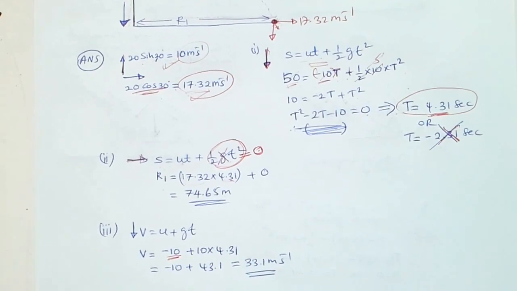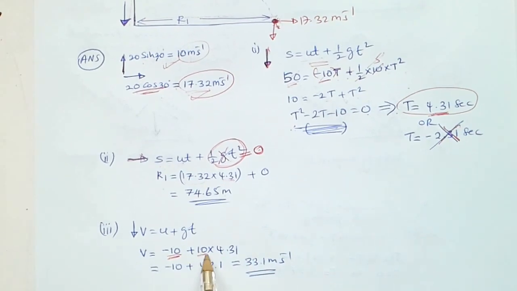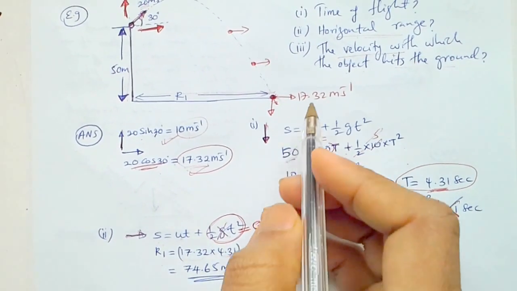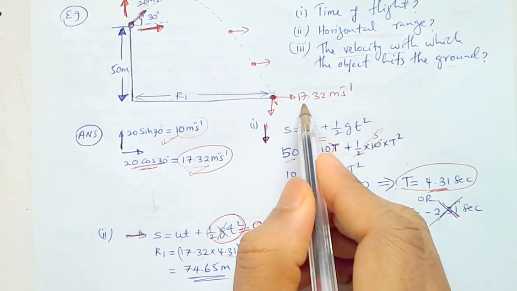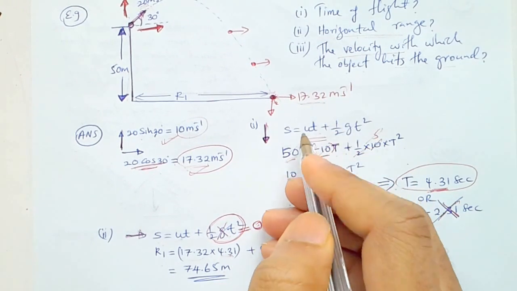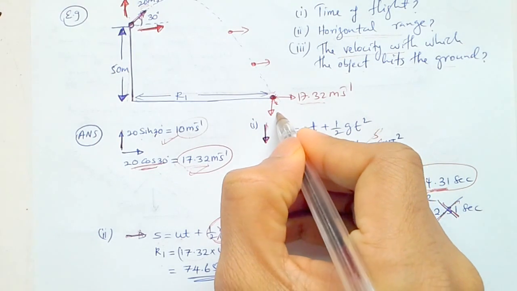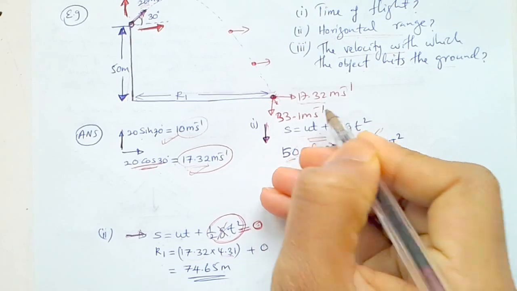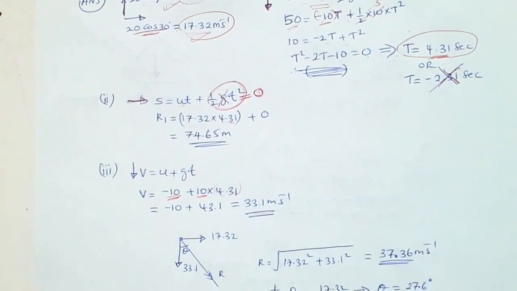And also the gravity is downward, plus 10 into the total time of flight, which we found to be 4.31. If you simplify this, you will obtain 33.1 meters per second.